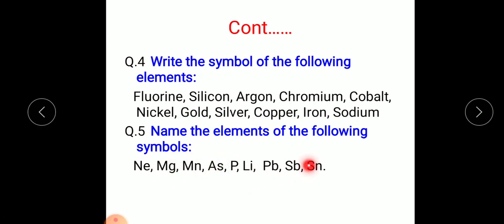The symbols are given, you need to write down the names: Ne, Mg, Mn, As, P, Li, Pb, Sb, Sn. So this is your first assignment for today.